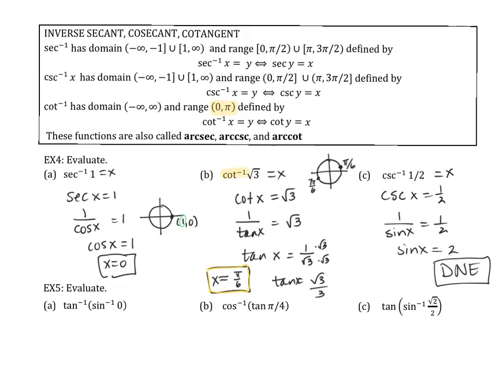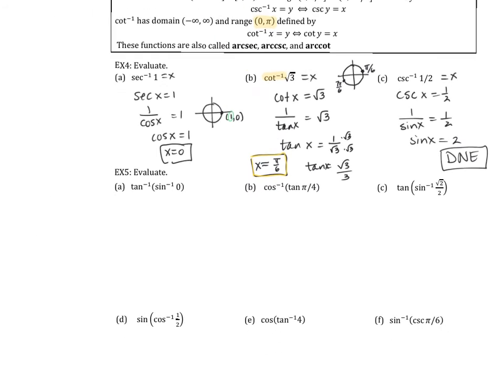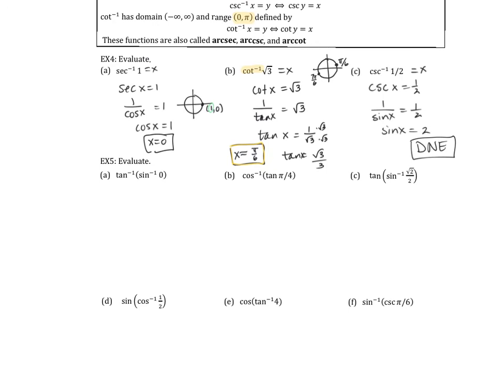All right, I'm going to scoot ourselves up a little bit here. Okay, so let's look at arc sine of 0. That is 0. So now we're going to be taking the arc tangent of 0.